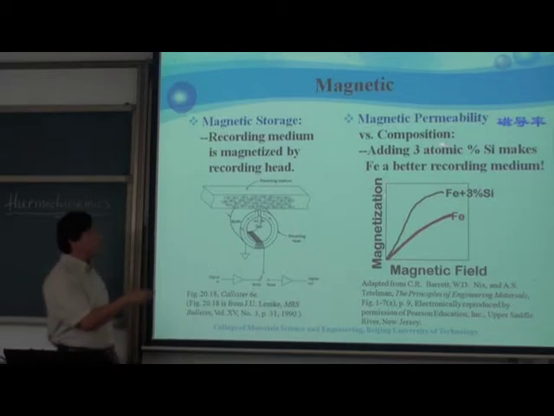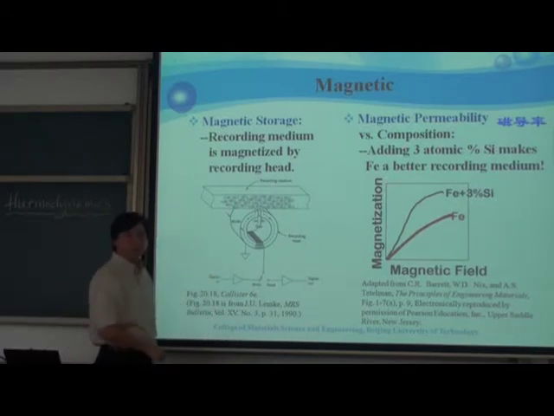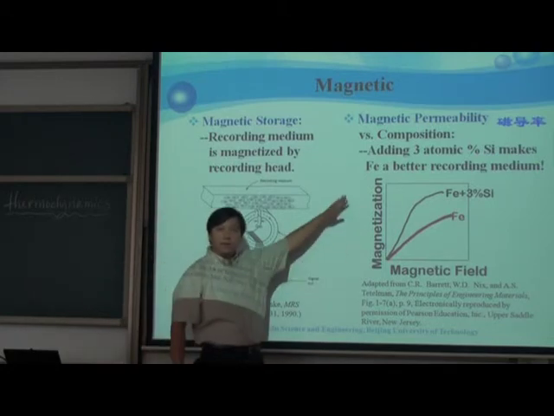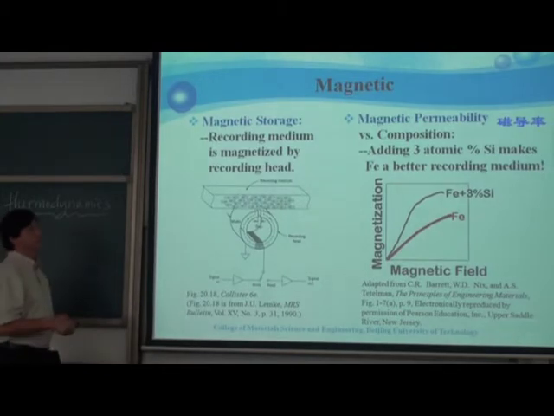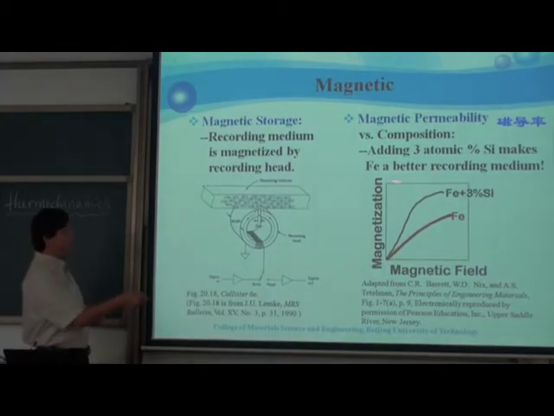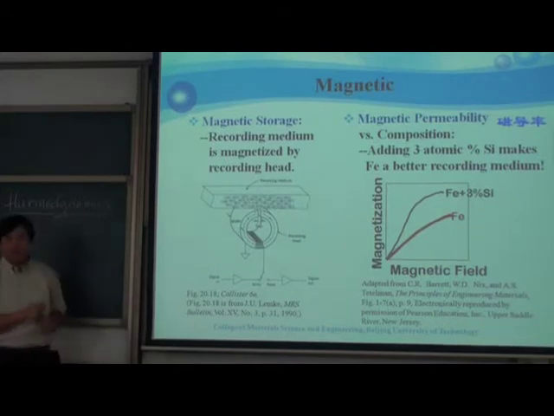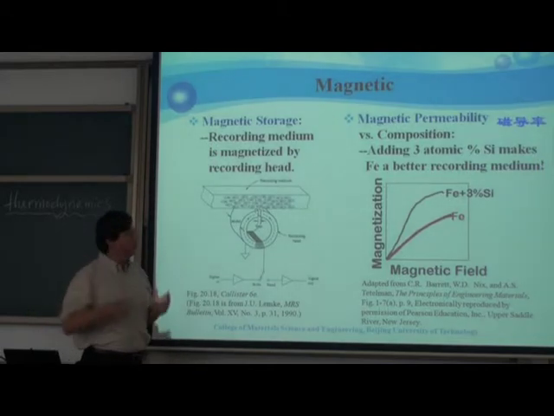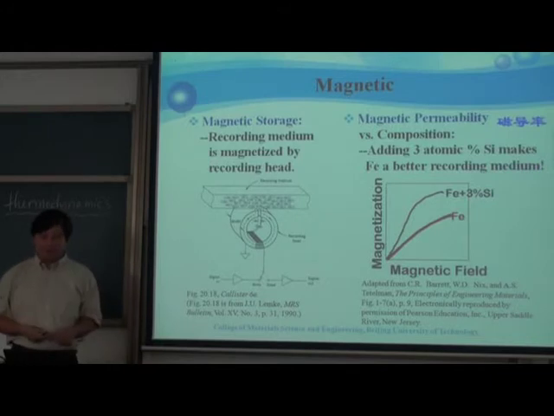Therefore, we say adding 3% silicon makes iron a better recording medium because magnetization is much better than before. So it improves your property by providing a better recording medium for your recording head. So in this way, people will change material to make it perform better.